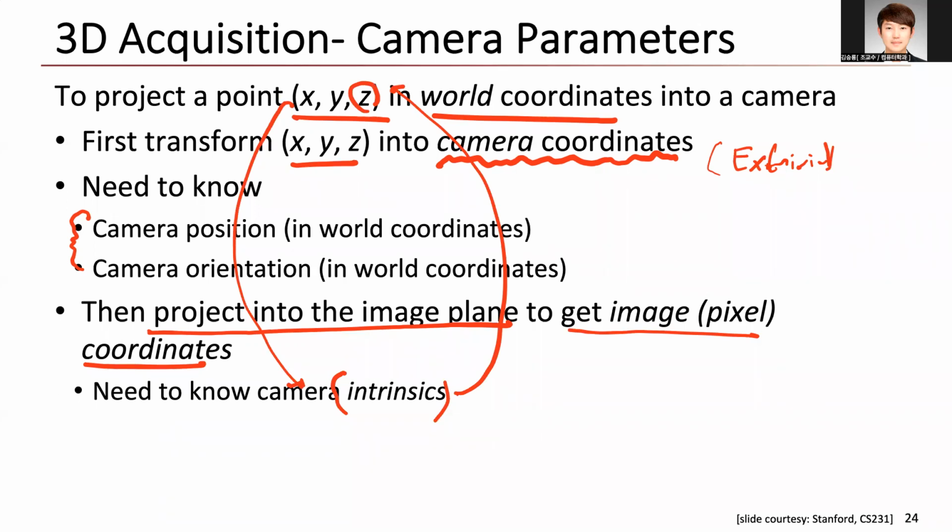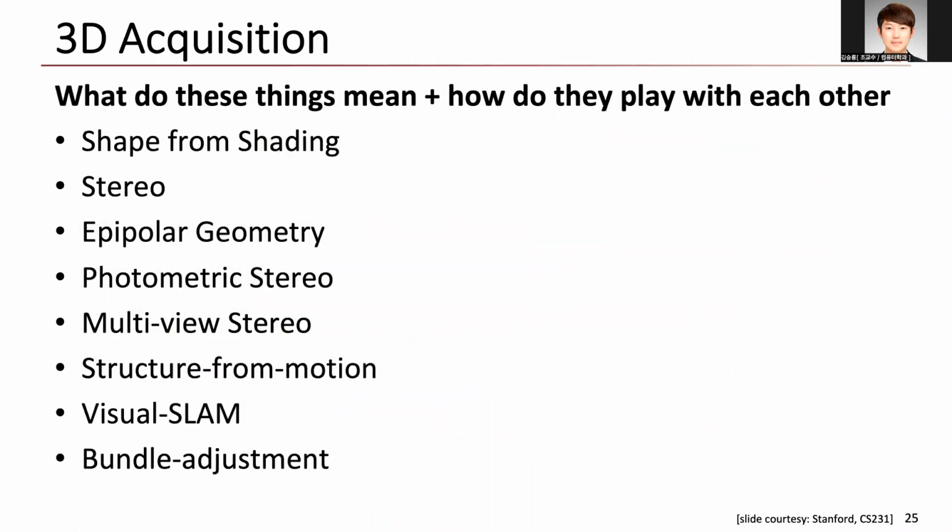So this is the 3D acquisition pipeline. How can I measure the 3D information? There are so many ways to estimate 3D information, for example, stereo matching, photometric stereo matching, multi-view stereo, SFM, SLAM, and so on.